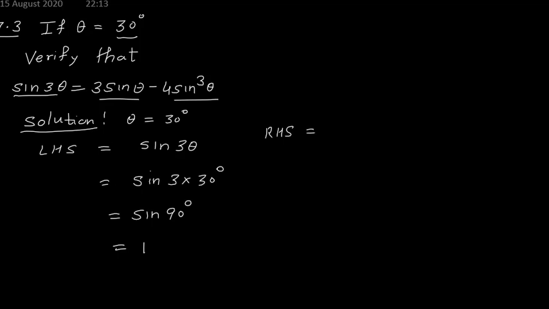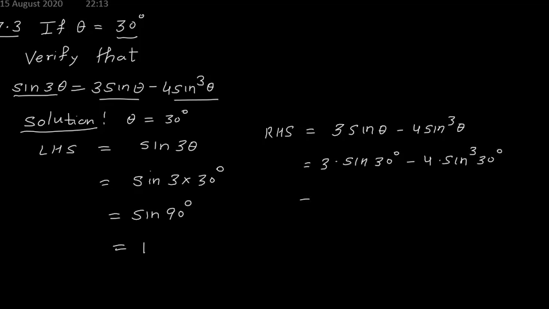Now let us see RHS. Right hand side is 3 sin theta minus 4 sin cube theta. RHS is equal to 3 into sin 30 degrees minus 4 into sin cube 30 degrees.